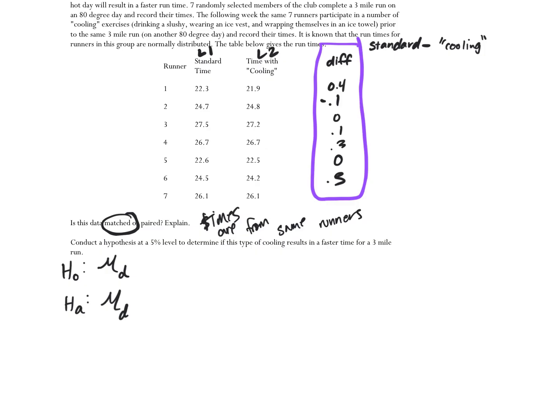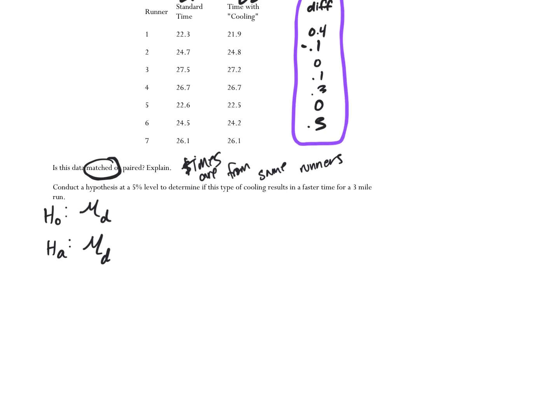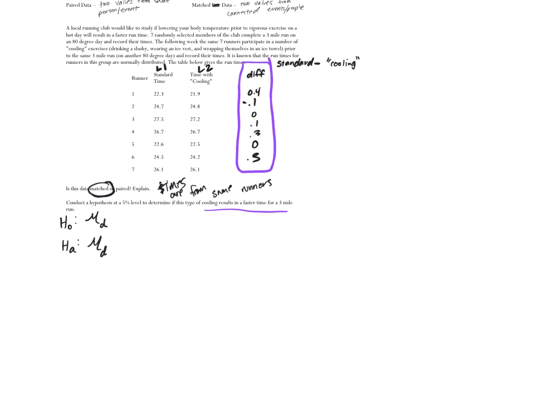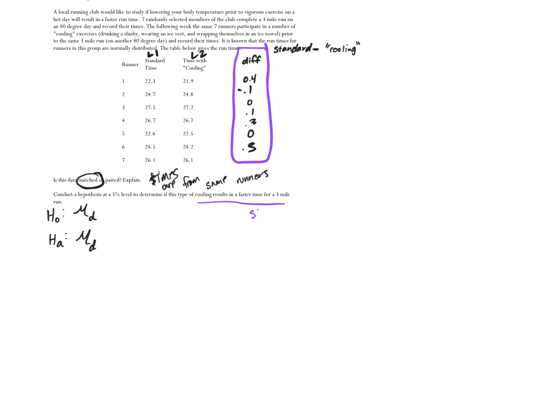Now, as we go to do our hypotheses, the first one is that the cooling results in faster time. So as I'm looking at that, that makes me think that the standard is bigger than cooling. Would you guys be comfortable with that meaning that the standard minus the cooling would be bigger than 0?